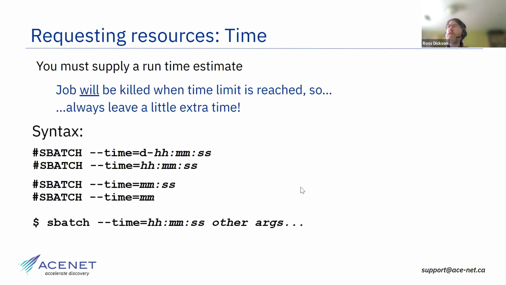All right, now we come to the question that showed up in the chat about what happens if the job runs over the time limit and hasn't finished. When the time limit is reached, the job will be killed. There may be another half minute or a minute of grace after that. Maybe don't count on that.